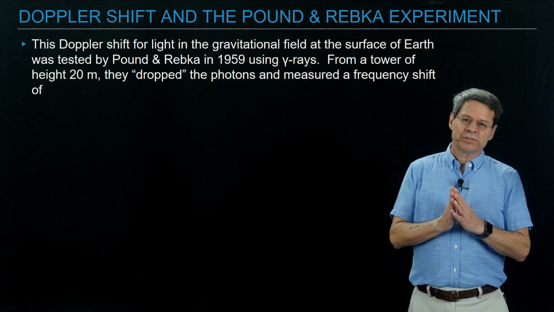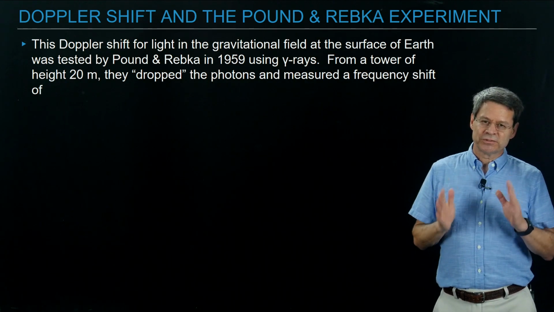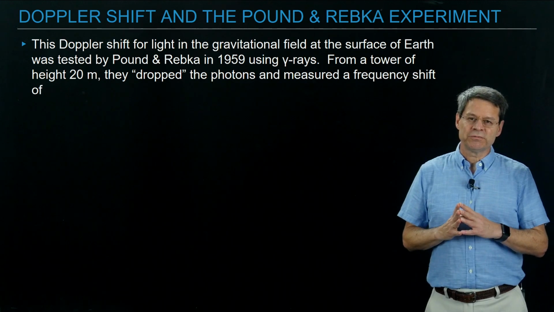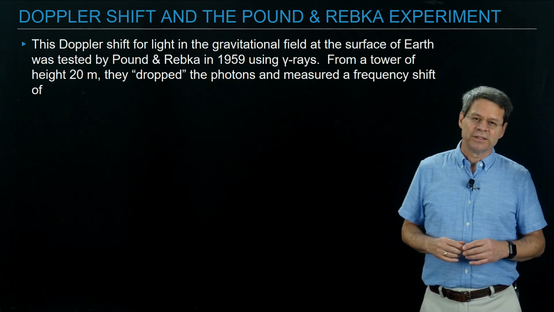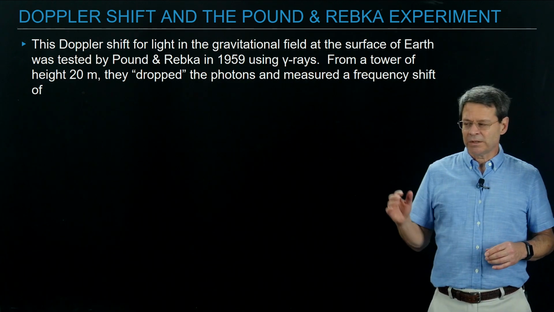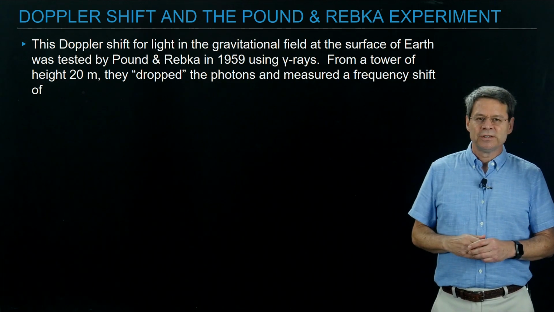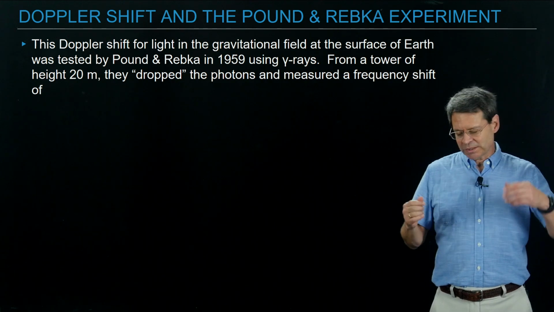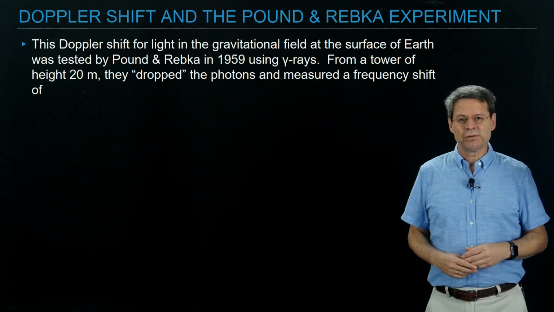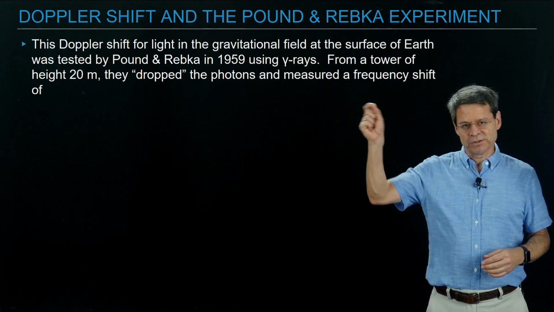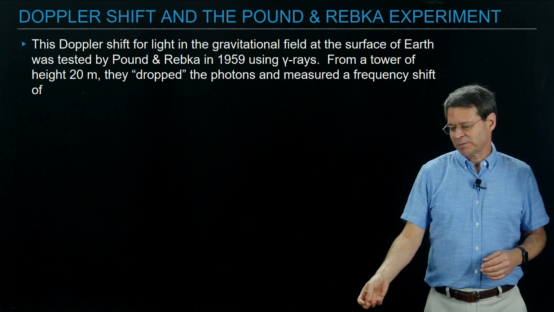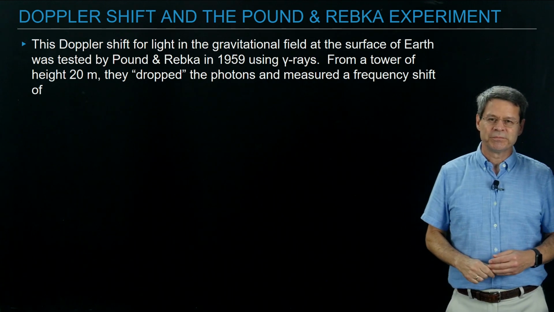So this Doppler shift for light in the gravitational field at the surface of the Earth was tested by Pound and Rebka in 1959 using gamma rays. And they had a source of gamma rays and a detector both above and below a tower. So you could send the gamma rays, say, from the top of the tower down or from the bottom of the tower on up and detect them.